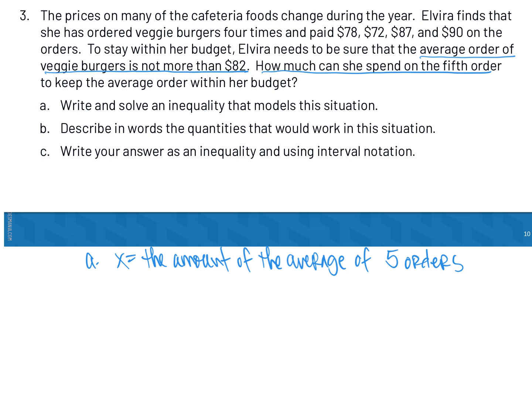So we have it where it's an average. So we have 78, 72, 87, 90, and then we have the extra 5th order, and then we're going to divide that all by 5, and then all of this has to be less than or equal to $82 because she doesn't want to spend more than that. So this is our equation.